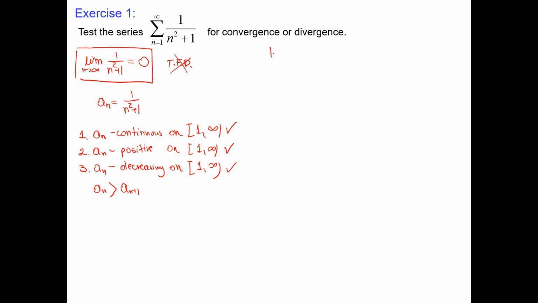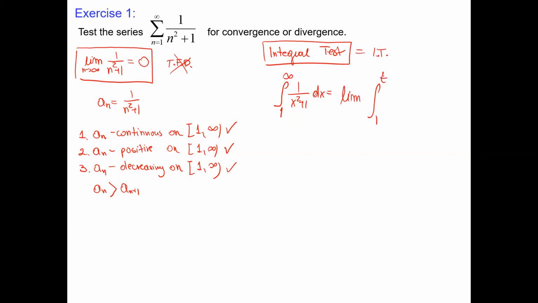We may try to apply the integral test, and I will probably use IT as a shortcut. What we can do is integrate from 1 to infinity 1 over x squared plus 1. It's an improper integral, so we replace infinity with t and indicate that t goes to infinity.